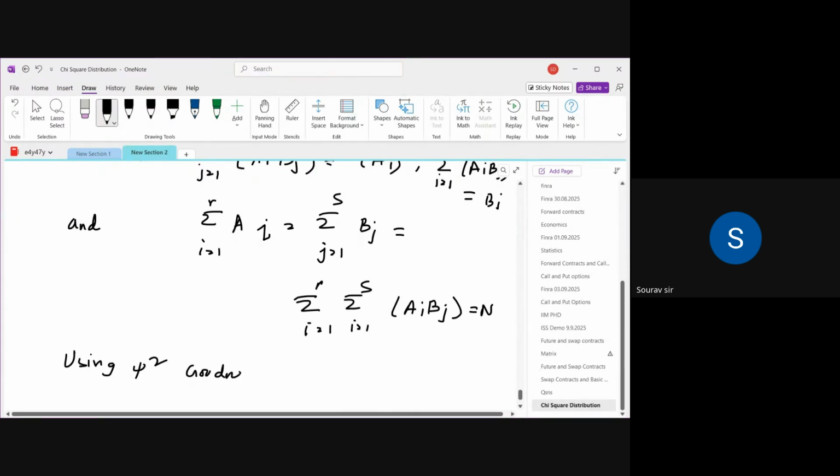So using the goodness of fit test, which we did, this is for the independence of attributes.